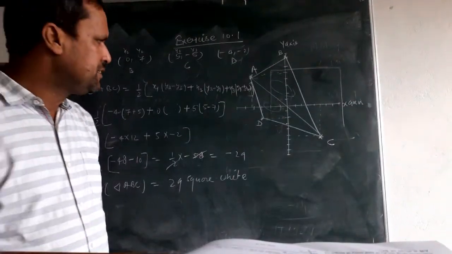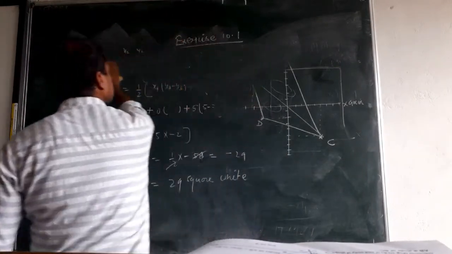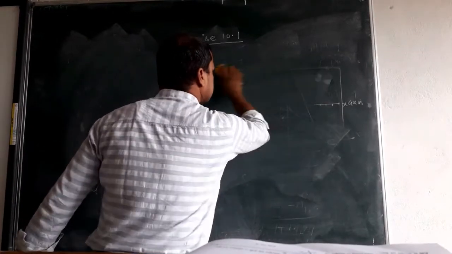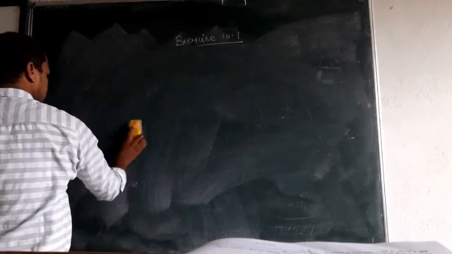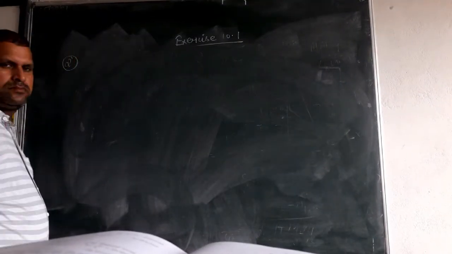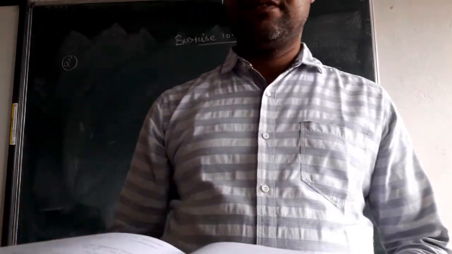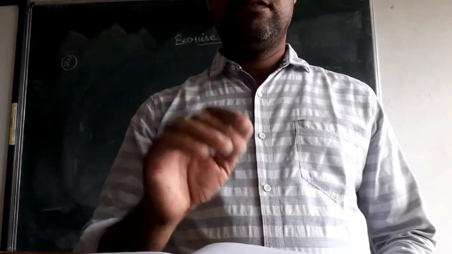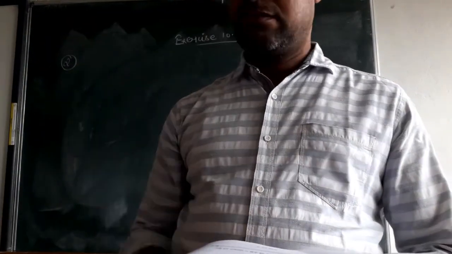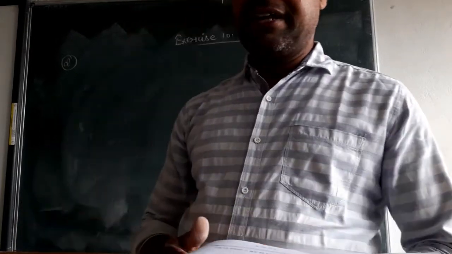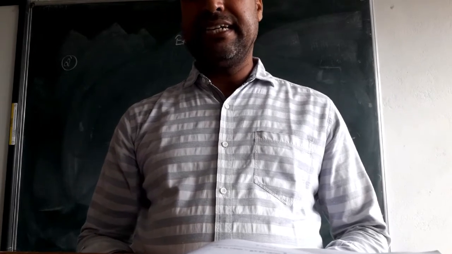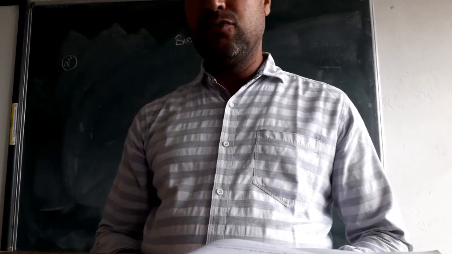Now, the second question is: the base of an equilateral triangle with side 2a lies along the y-axis such that the midpoint of the base is at the origin.